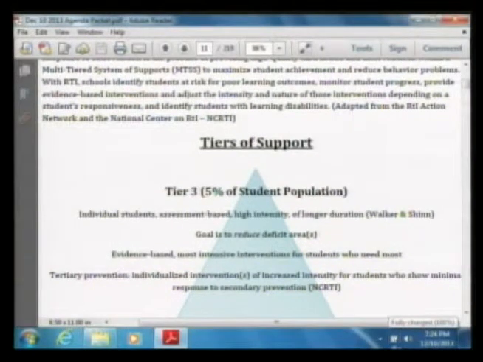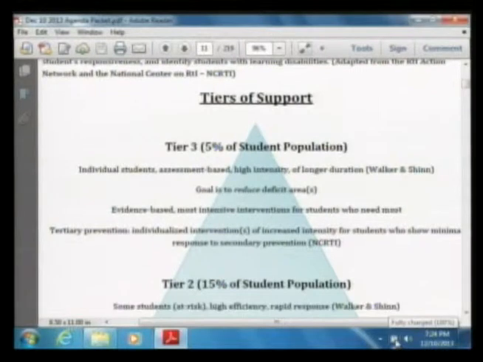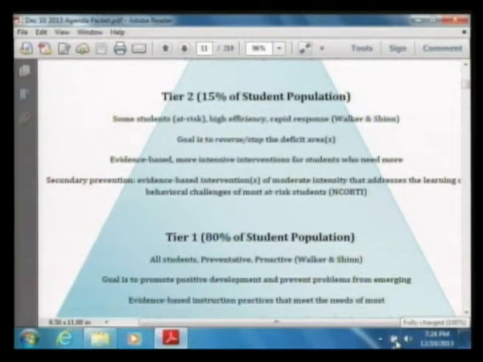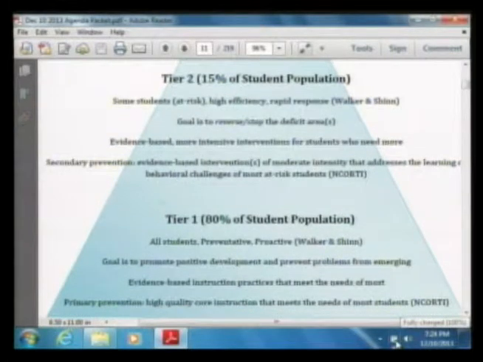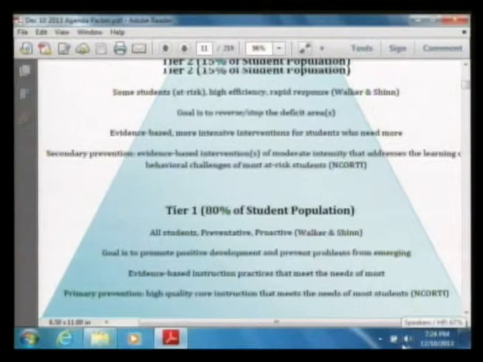We provide some evidence-based interventions for students that we see as at risk, and then we adjust interventions, increase or decrease the intensity depending on the student's response to the interventions. So there's a whole problem-solving process that we go through. And another important piece is that all students are part of this process.